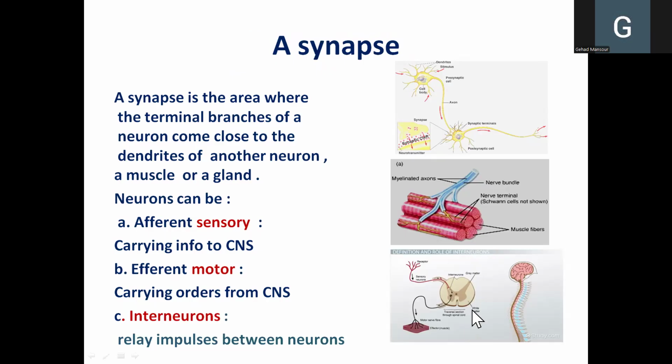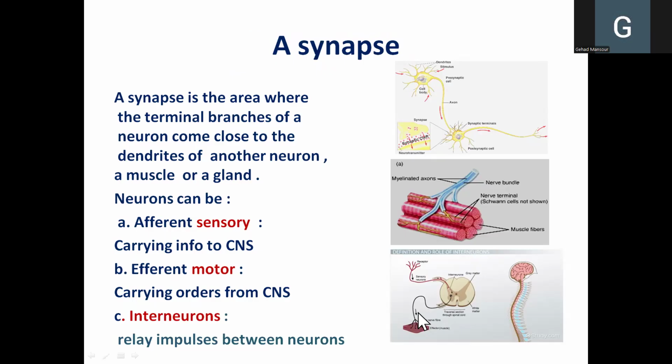For example, here in this reflex action, whose center is the spinal cord, that neuron is carrying impulses towards the spinal cord, then it is a sensory afferent neuron, whereas that neuron is sending impulses away from the central nervous system or the spinal cord, then it is an efferent motor neuron.